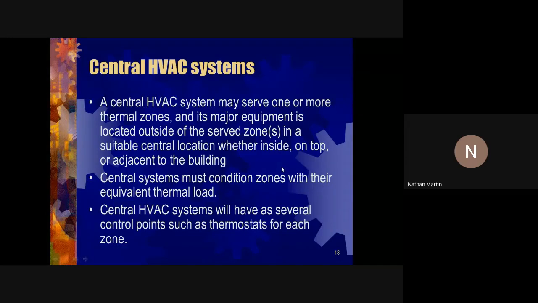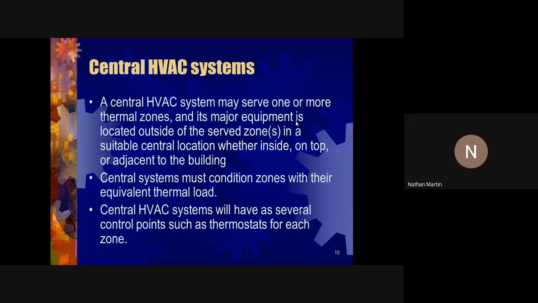For buildings that are more spread horizontally than vertically, then you'll find it outside in one area, and serving many zones. So you might have a central unit serving 3, 4, 5 zones, depending on the size of the unit itself, the volume of air that it's able to cool, right?